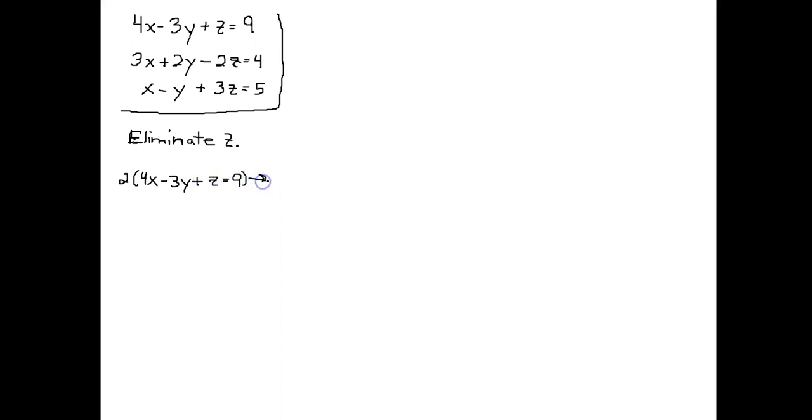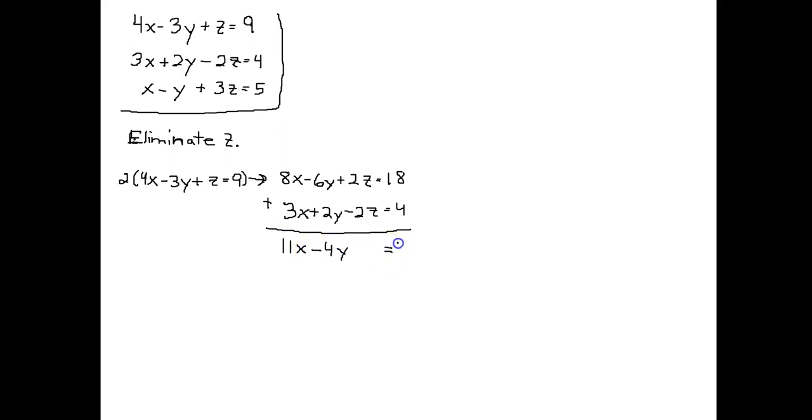That's going to give me 8x minus 6y plus 2z equals 18. Then I'm going to take that second equation, 3x plus 2y minus 2z equals 4, and add these two together. So I'll have 11x minus 4y equals 22.